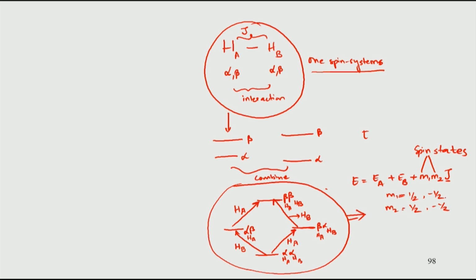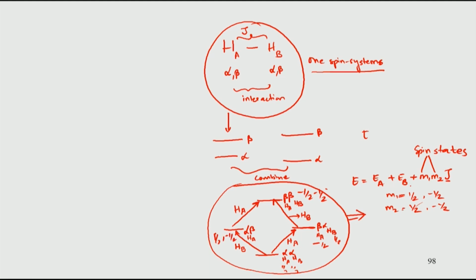So, there are 4 possibilities: half half combination, half minus half combination, minus half plus half combination, and minus half minus half. So, this is what is shown here. Here it is half half, in this particular case it is minus half plus half, and in this case it is minus half, and this case it is plus half minus half.